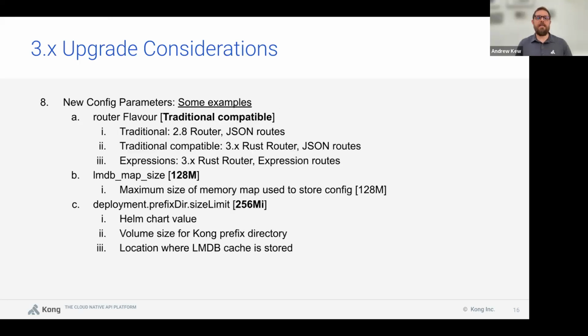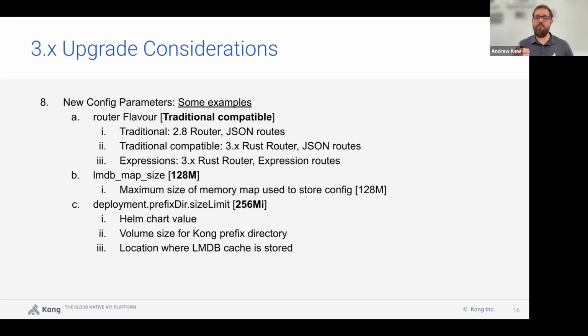And lastly, just an example of some configuration parameters, which I think are worth highlighting as well. Again, this is not an exhaustive list, but these are probably the most important ones. First, the router flavor. This router flavor refers to that new Rust router I spoke about. There effectively are three values you can set this at.